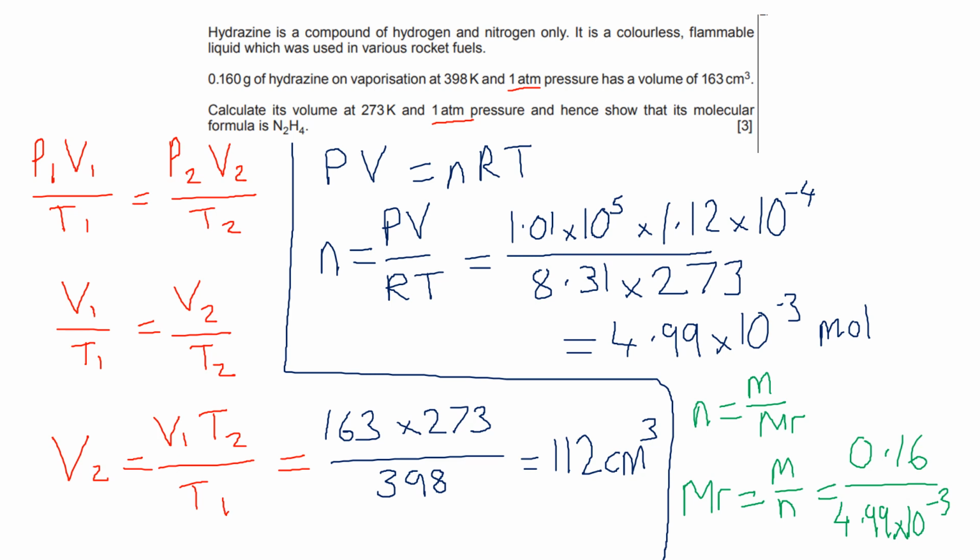Which gives me an answer of the molecular mass Mr equals 32, which is consistent with N2H4, where nitrogen is 14, 2 of those makes 28, plus the 4 gives you 32. So I'm happy with this. My calculation is correct.